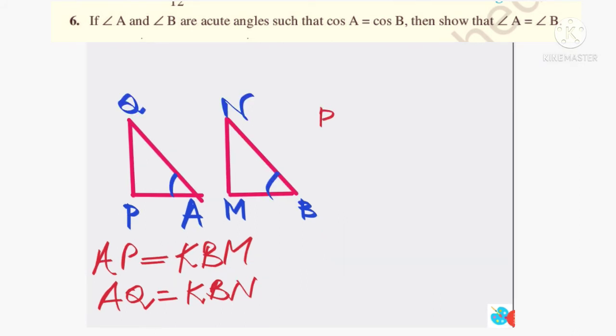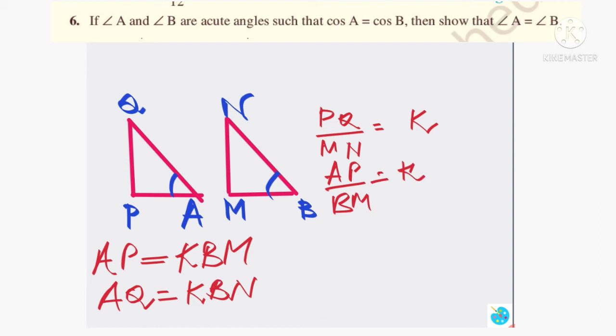This gives me that PQ by MN is also equal to k, right? And also I had that AP by BM was k and AQ by BN was also k. So all the three ratios are equal to each other.